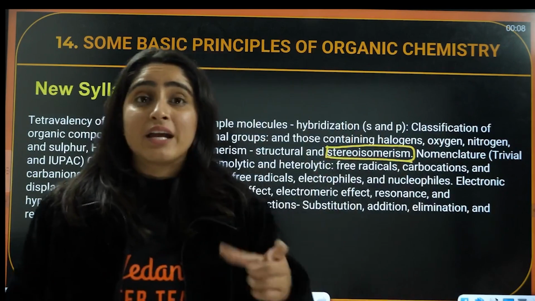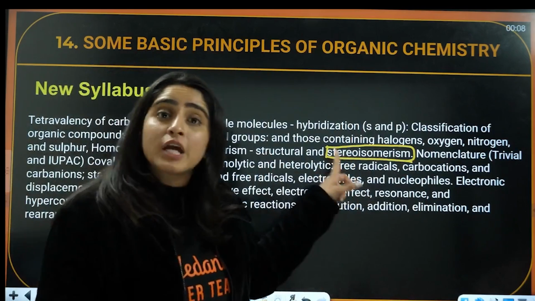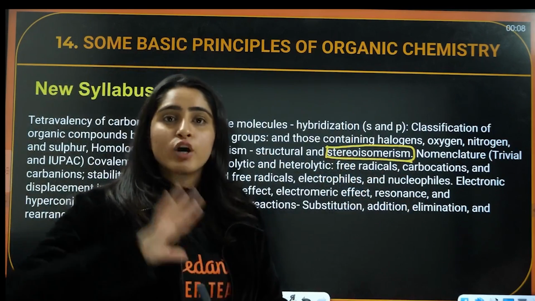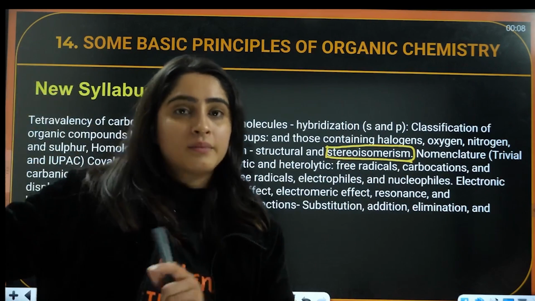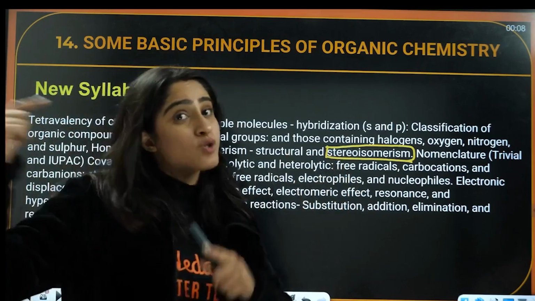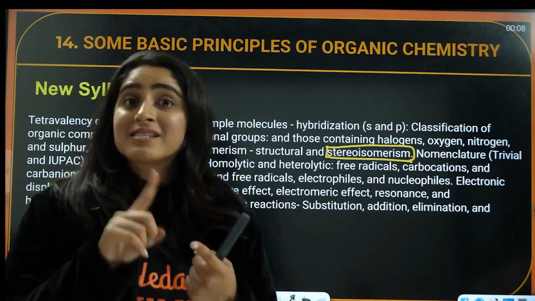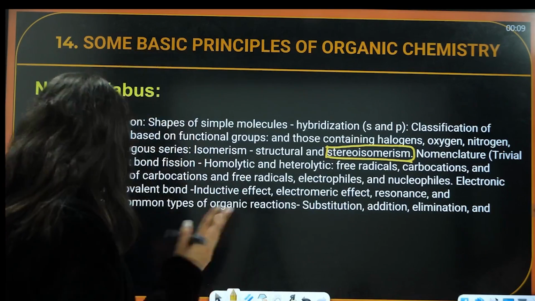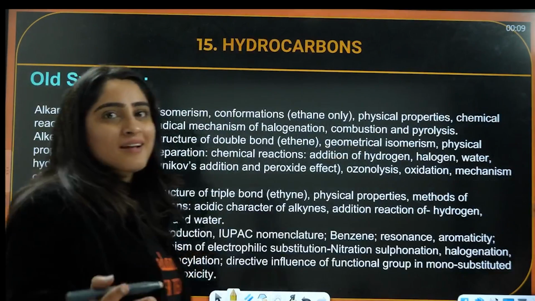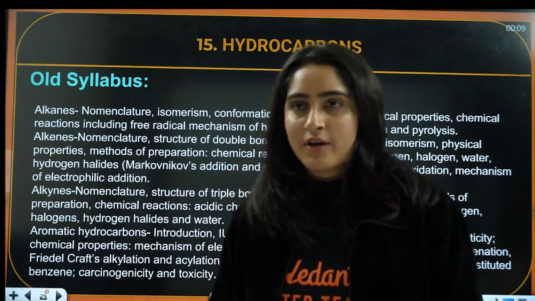But DL configuration, RS configuration, all these are parts of stereoisomerism itself. They have not mentioned them separately, but that is a part of this only, right? So that is also very important. You can never skip RS and DL configuration, right? Students usually skip that because they think it is not included in the syllabus map. But stereoisomerism means all those things, right?